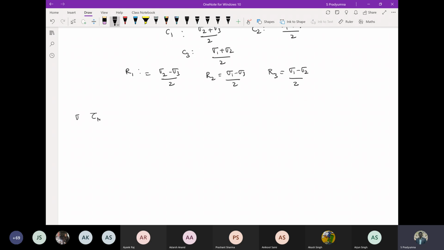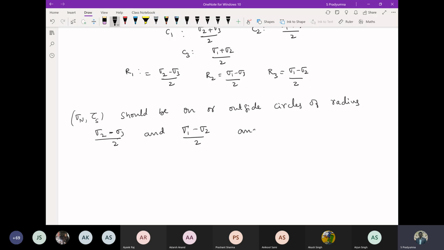So (sigma n, tau s), for any random plane I have considered with respect to the principal coordinate system, should be on or outside the circles of radius (sigma 2 minus sigma 3)/2 and (sigma 1 minus sigma 2)/2, and another condition is that it should be inside a circle of radius (sigma 1 minus sigma 3)/2, within that circle.